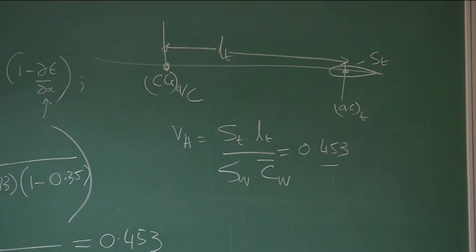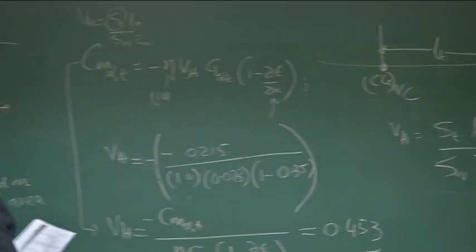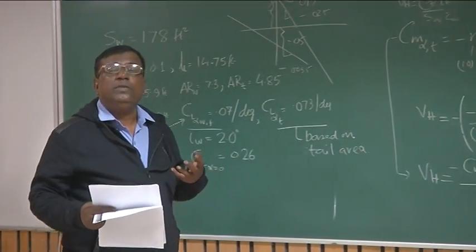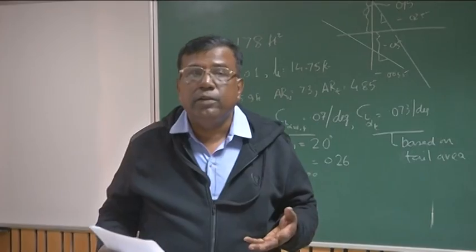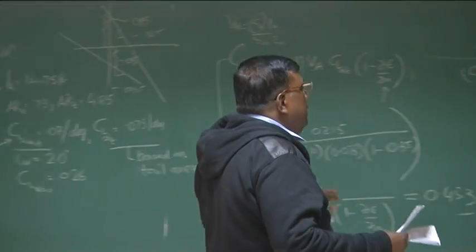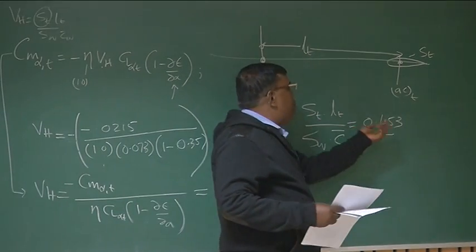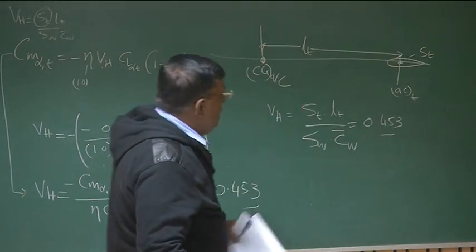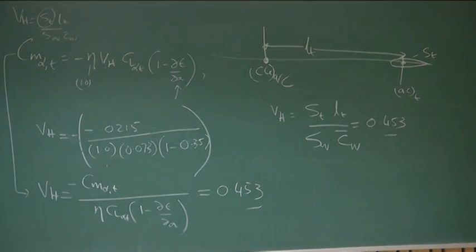So what is the result? The result is, if I want to change Cm alpha to minus 0.025, then I need to ensure that the tail volume ratio is 0.453. Is it clear? I repeat again, what is the interpretation of this result?